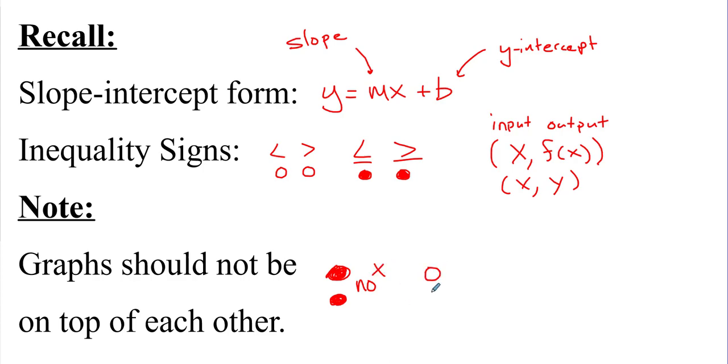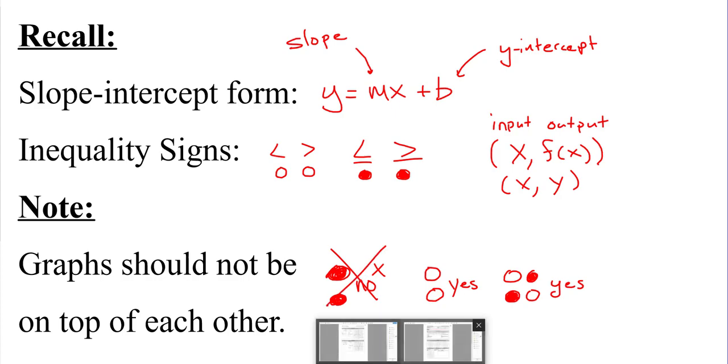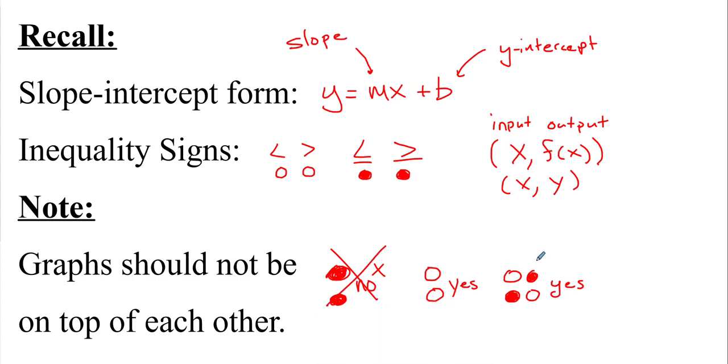You can, though, have an open dot over an open dot. And you can have an open dot over a closed dot, or vice versa, closed dot on top of an open dot. This would be okay. This is the only one we don't want. We don't want closed dot over closed dot.